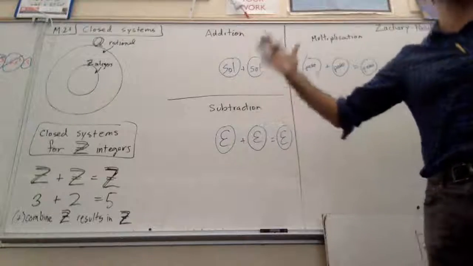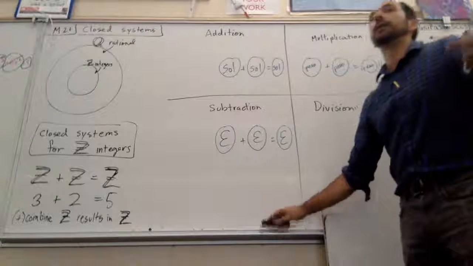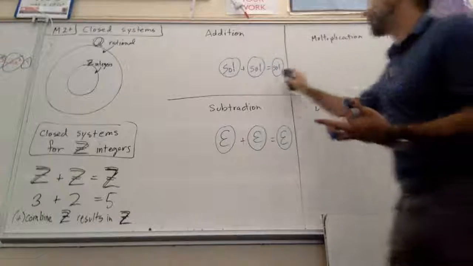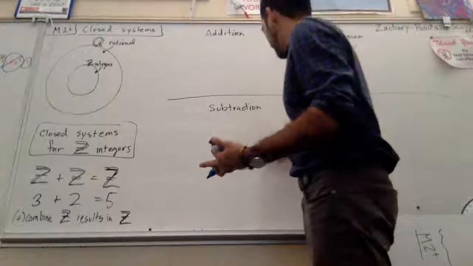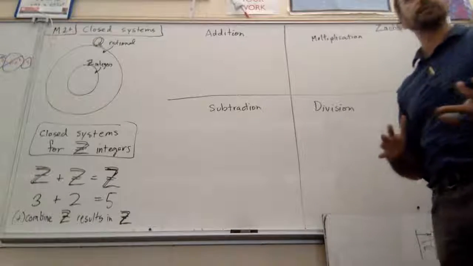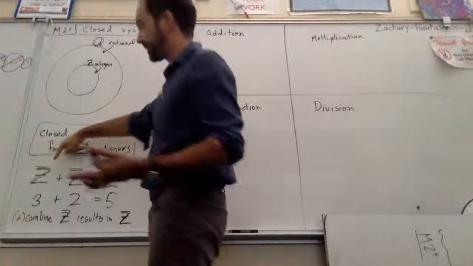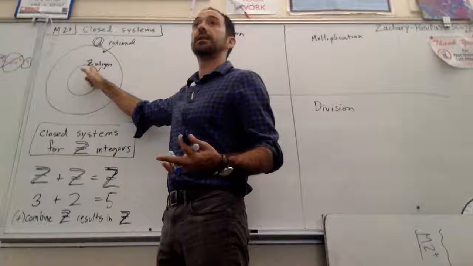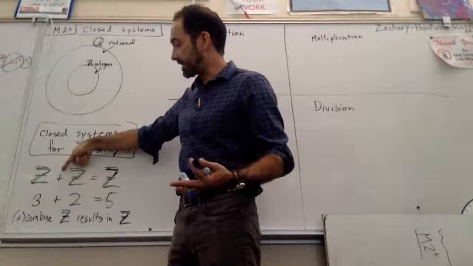Just like if you were closed within the border of a country and using the money there, if you're dealing with soles or pesos or euros, you're in that country. You're only carrying soles, euros, or pesos, because why would you carry soles if you're in Europe? It doesn't make sense. All this is saying is a closed system is when you start with, in this case, Z, our integers, our whole numbers, and you add to that another integer.